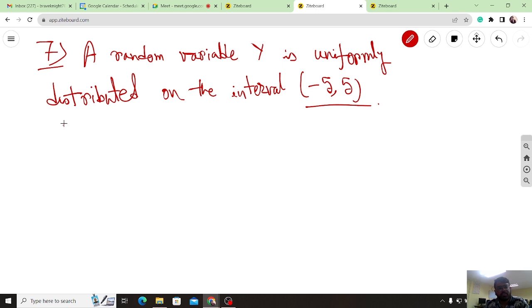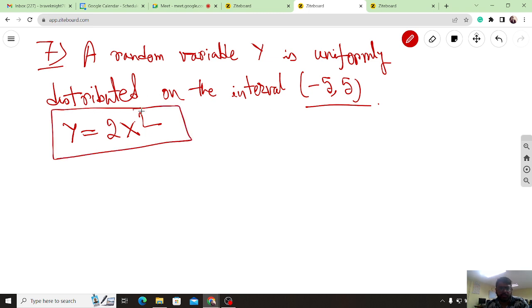And another random variable depends on this, that x depends on y in the following fashion.